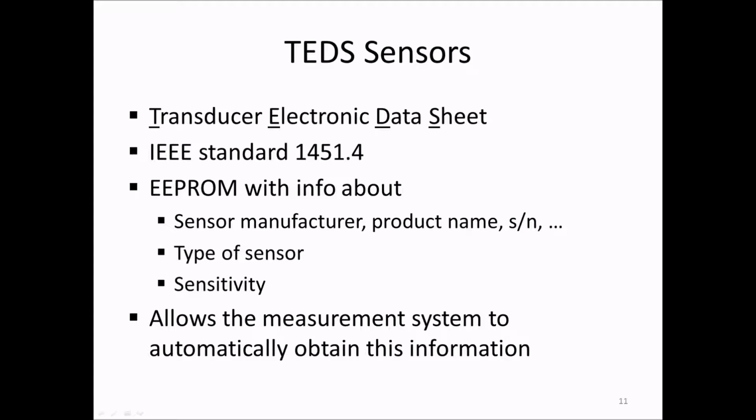This allows the measurement system to automatically obtain this information and therefore removes the risk of mistakenly entering the wrong measurement sensitivity into the measurement system, which is always present if you need to manually fill in these factors. TEDS sensors can be strongly recommended.